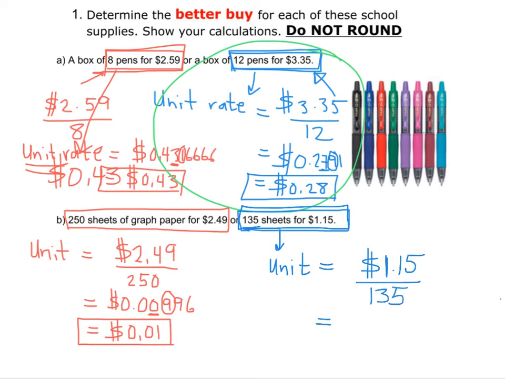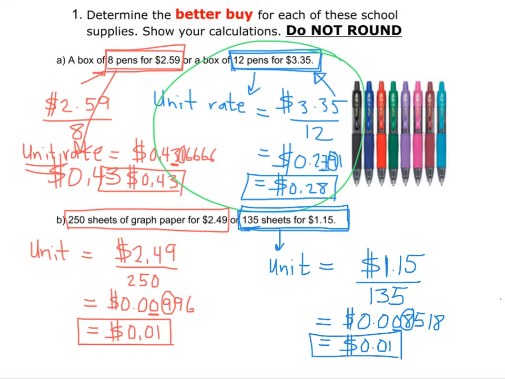And so this unit price is going to be 0.0085158 and so forth. Now I'm going to round this to the nearest penny like my teacher always asks me to do. So this is 0.0. Now this I should round up because the next number is an 8, so I should round it to 1.